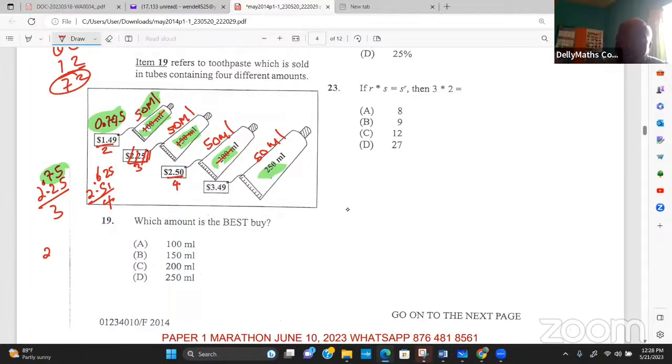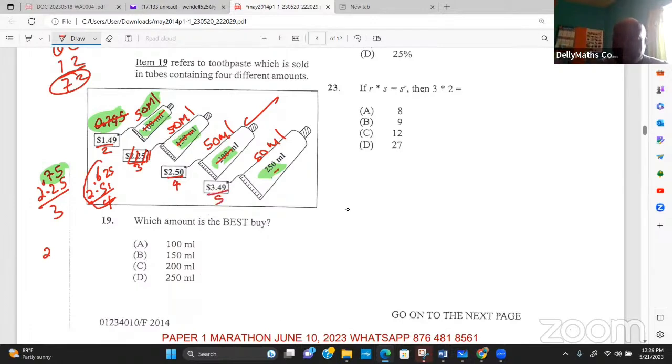So far, this one is out because this one is actually cheaper already, because 60. This is actually saying $0.625 gives me 50. This is the cheapest one so far. Let's check the last one now. So this is winning already. How does the 250 change into 50? You divide by 5.